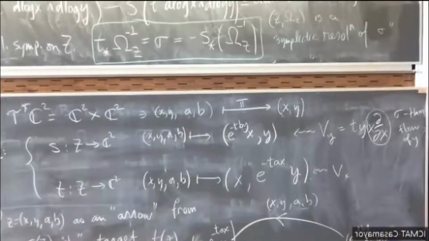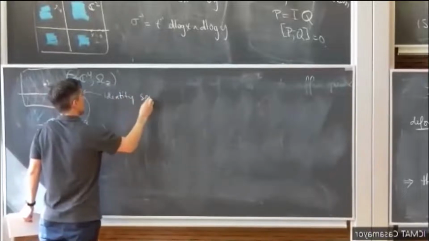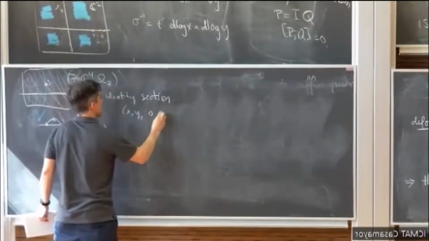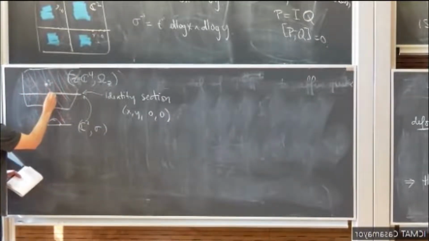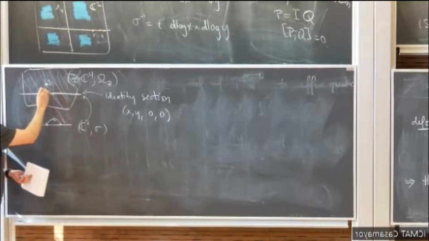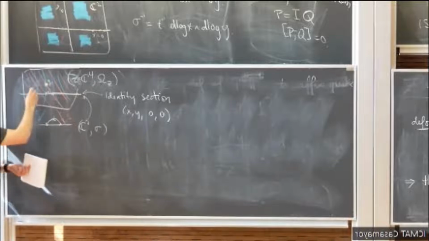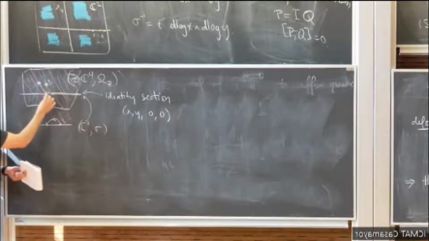So this is the so-called identity section, X, Y, 0, 0. Okay. And anything else can be thought of as an arrow that goes from one point to another. And then you could compose it with another element, as long as the source of this element is the same as the target of this element.